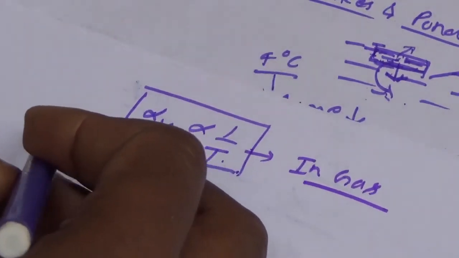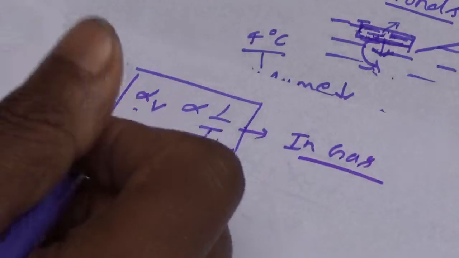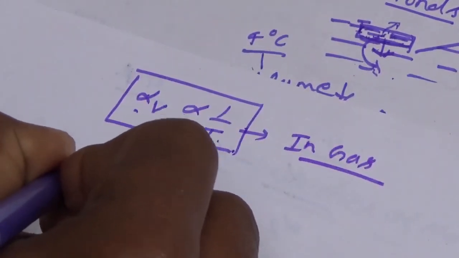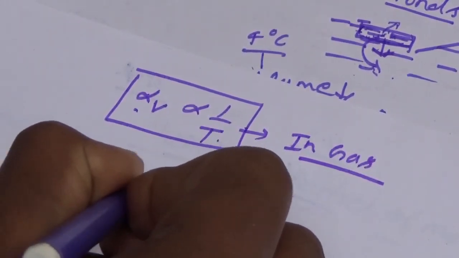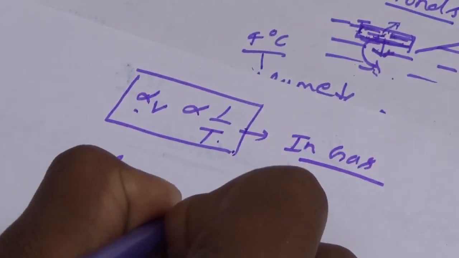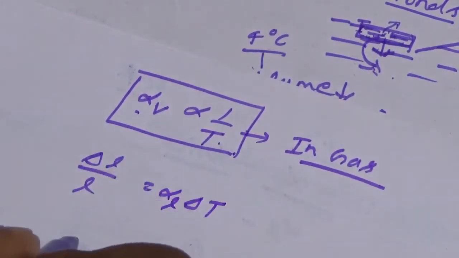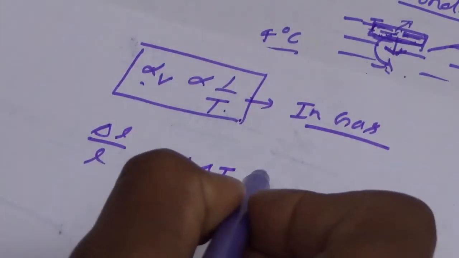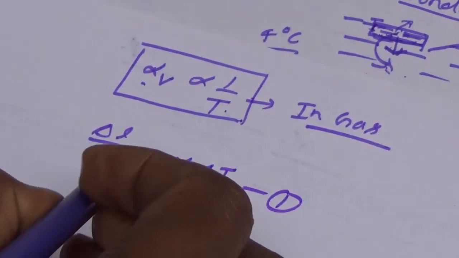Also, students, we have discussed linear expansion: del L upon L is equal to alpha L del T. This is equation number 1.